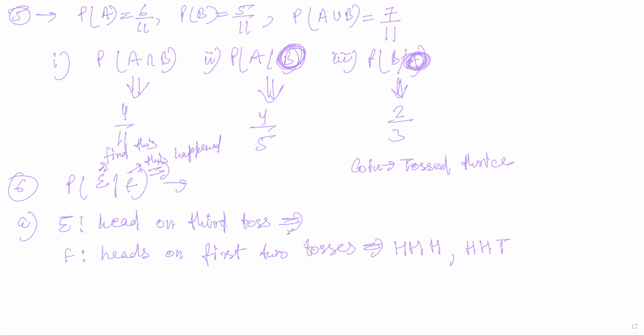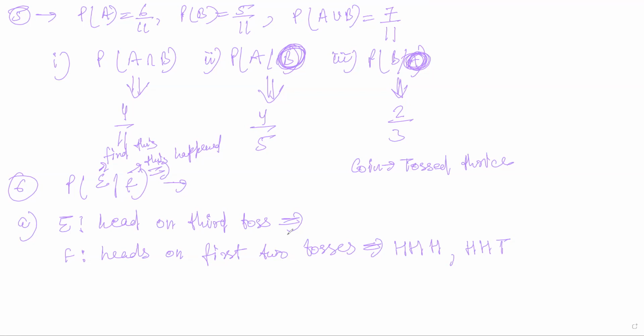Probability is always favorable upon total. So just understand the concept by logic as well. You can always define this using set theory also, but just understand the logic because this is very easy. It is saying that we have heads on first two tosses.